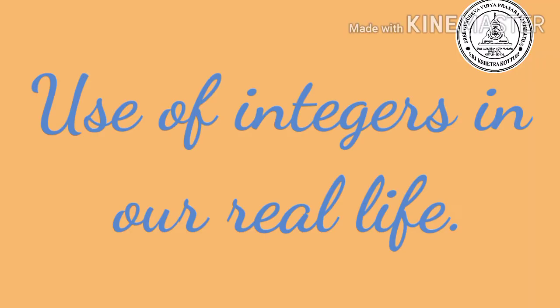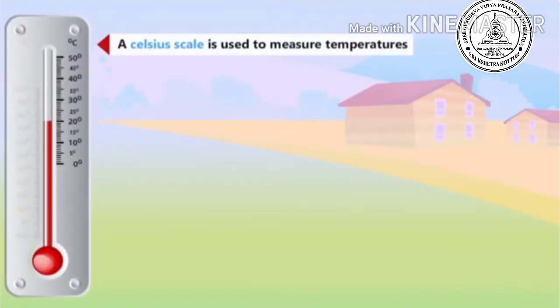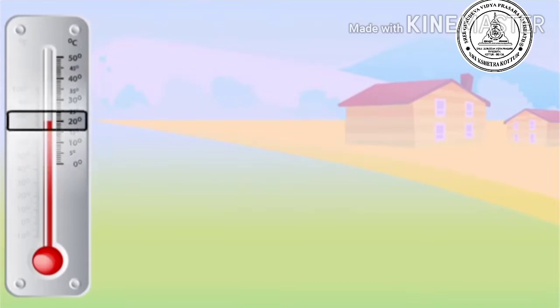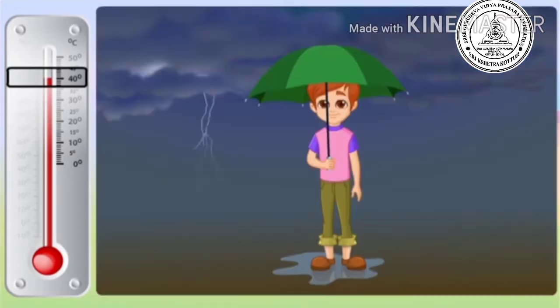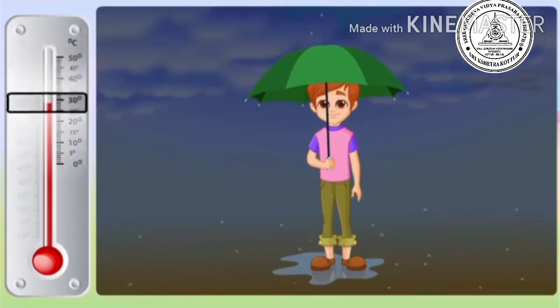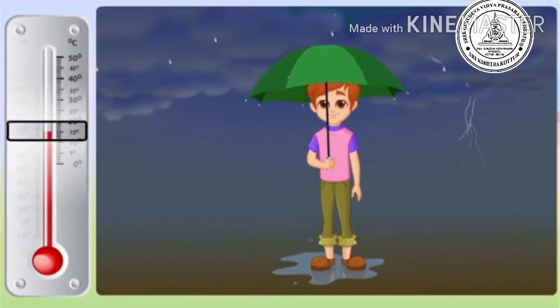Now, the use of integers in our real life. A Celsius scale is used to measure temperature. It's a hot, sunny day. The temperature has shot up to 40 degrees Celsius. Wow! It's raining. The weather has become so cool. The temperature has come down to 15 degrees Celsius.